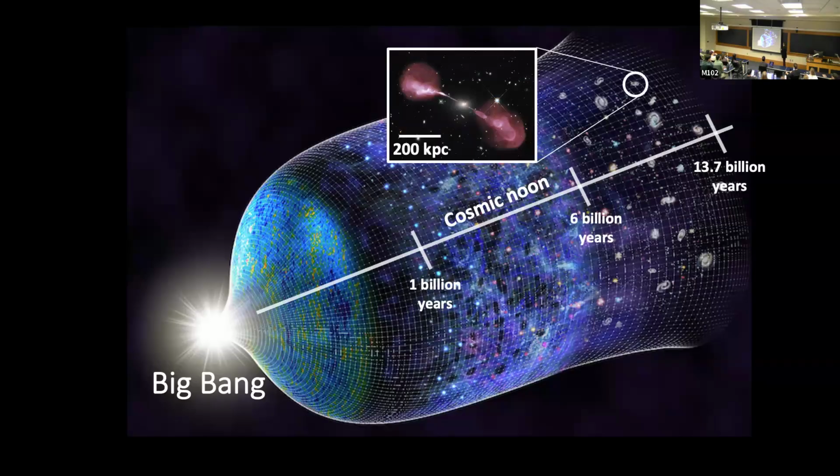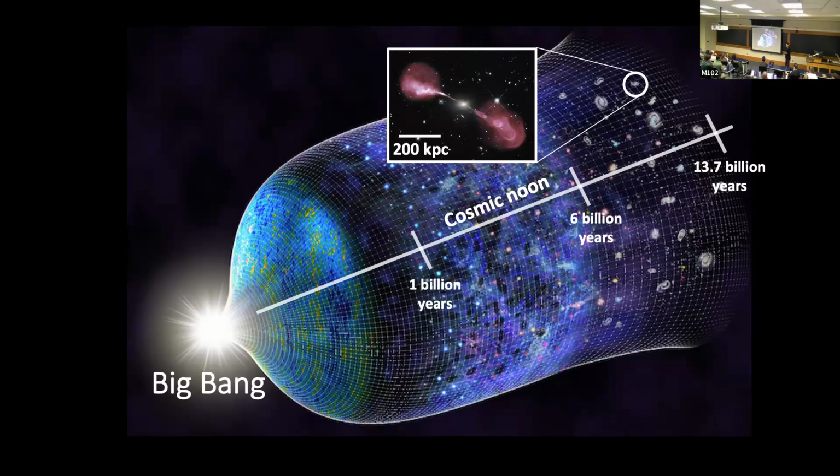That has these really huge jets, several hundred kiloparsecs long. And I would argue that we've for decades been studying the brightest radio AGN in the sky, like this source. We actually know quite a bit about their physics, and we also understand how they generate feedback that influences their surroundings.